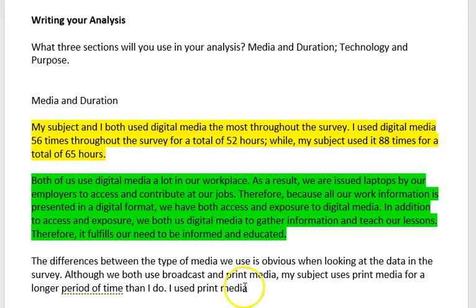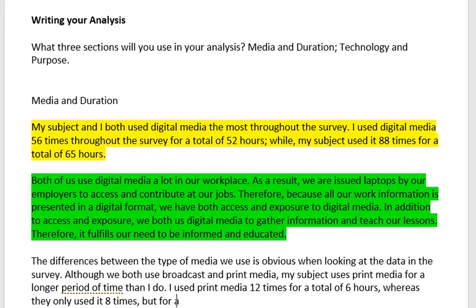I use print media 12 times for a total of 6 hours, whereas they only used it 8 times, but for a total of 16 hours.